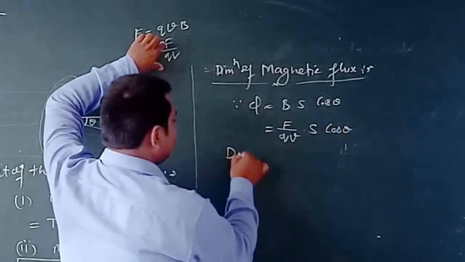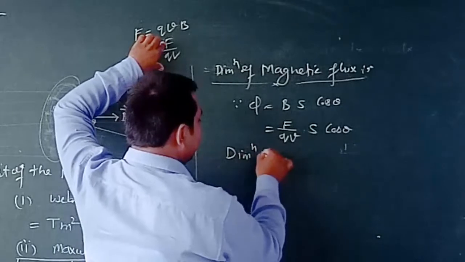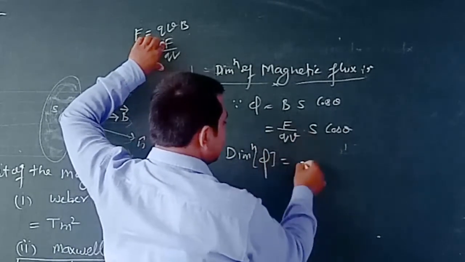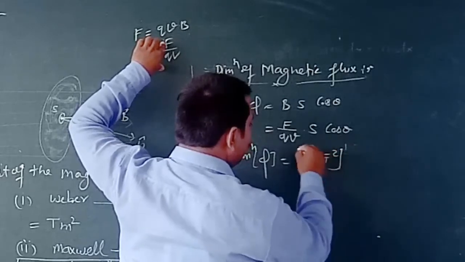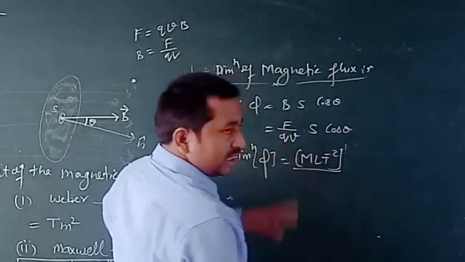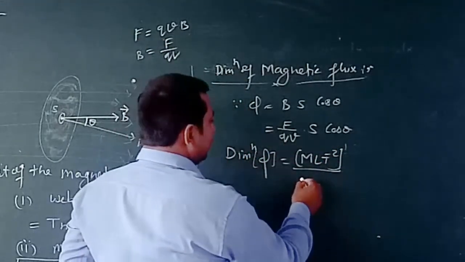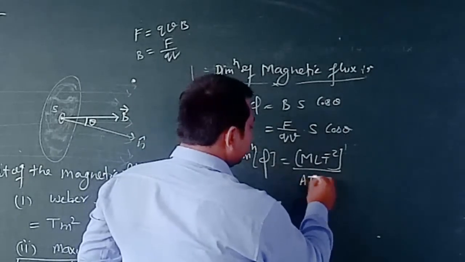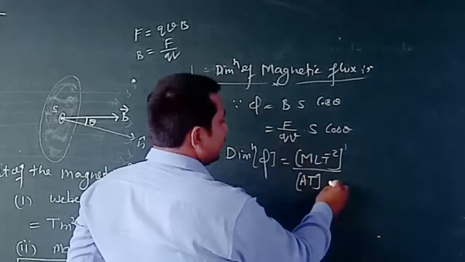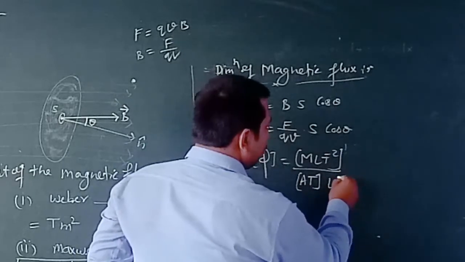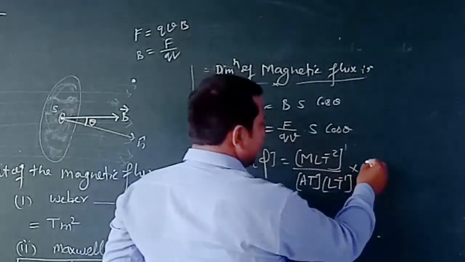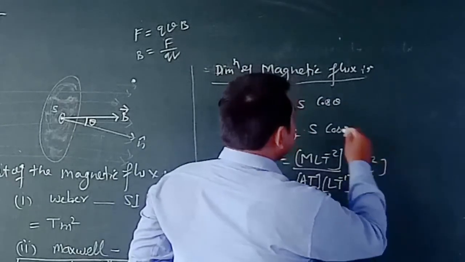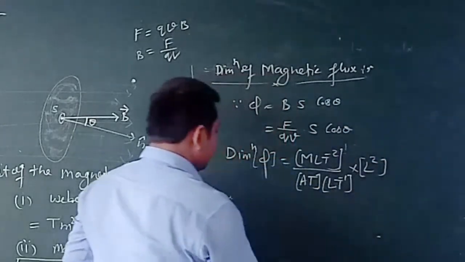So the dimension of phi is equal to the dimension of F, that is M L T to the power minus 2, and the dimension of q, that is ampere second, A T, and the dimension of v, that is velocity, L T to the power minus 1, and S, that is meter square, and the dimension of cos theta is nothing.